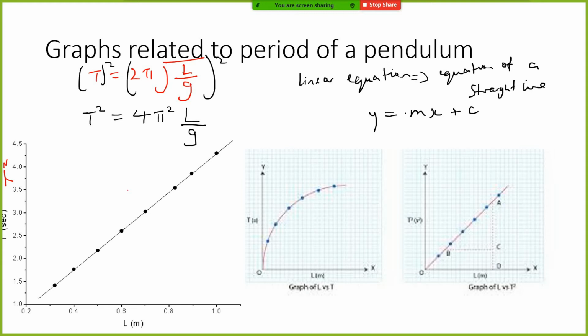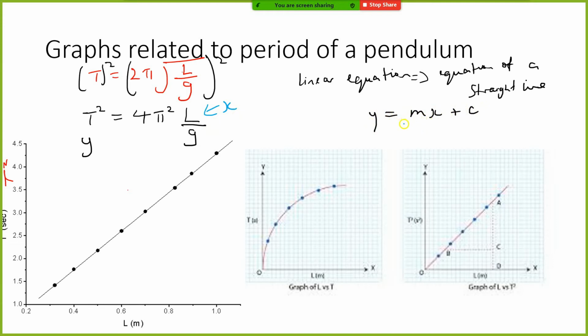Because I know the two variables that I'm plotting on my graph, t squared and L, chances are this variable t squared is going to be my y variable. I know that L is another variable, so L is going to be my x variable. Now, let's look at the linear equation that says y is equal to mx plus c.